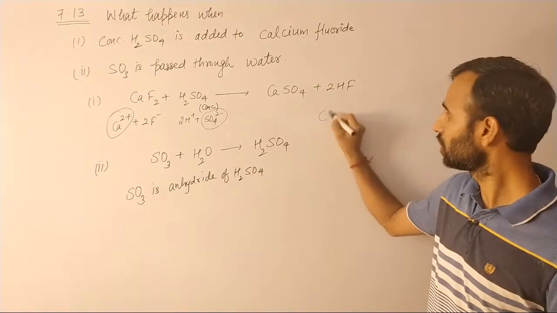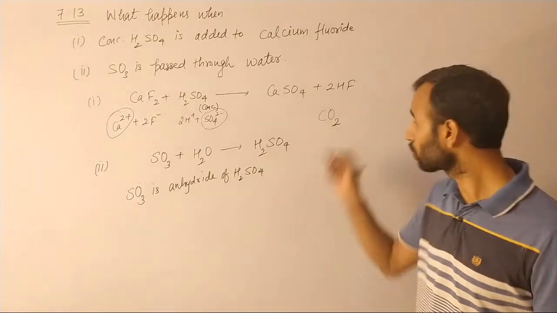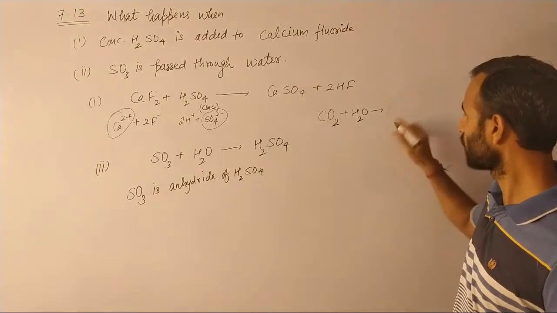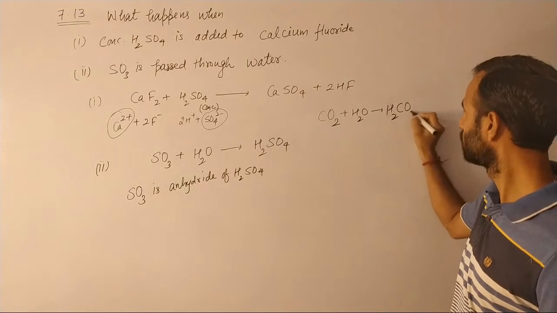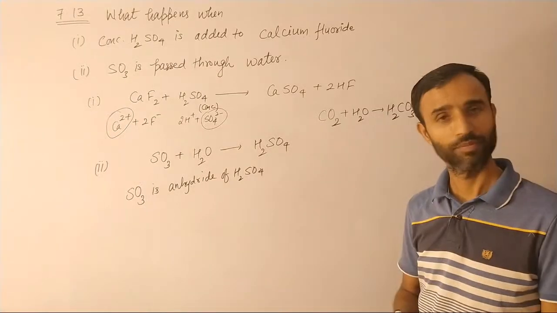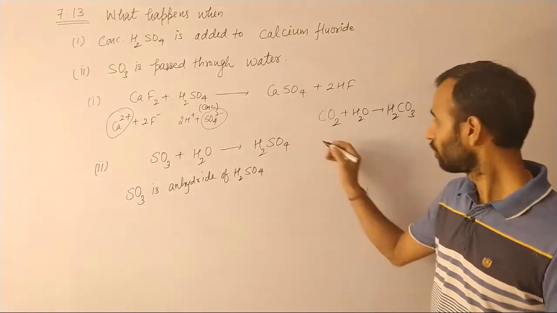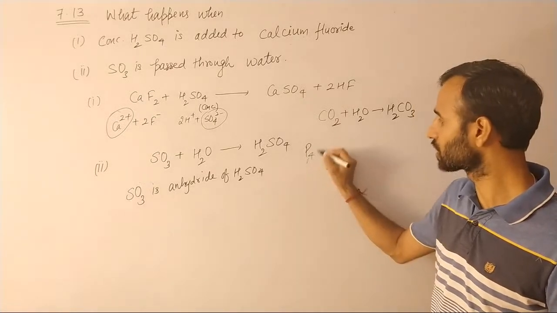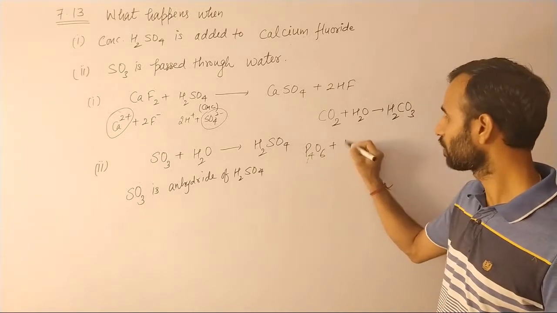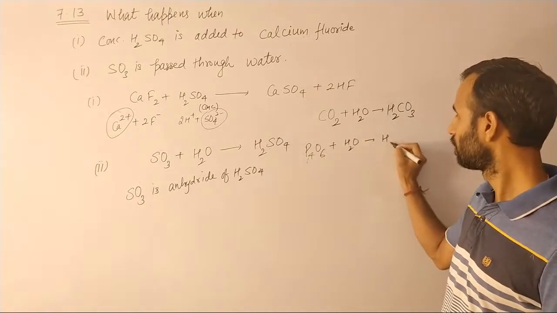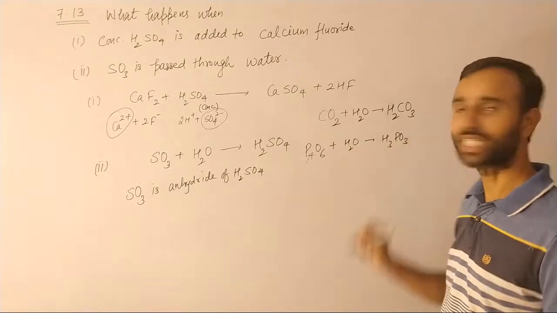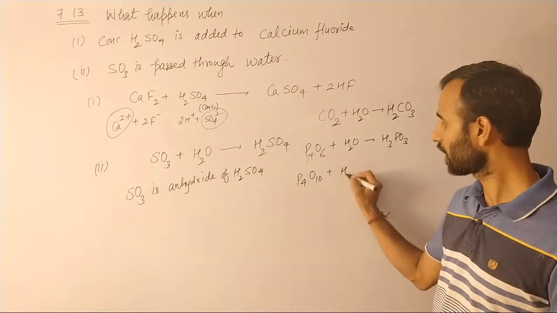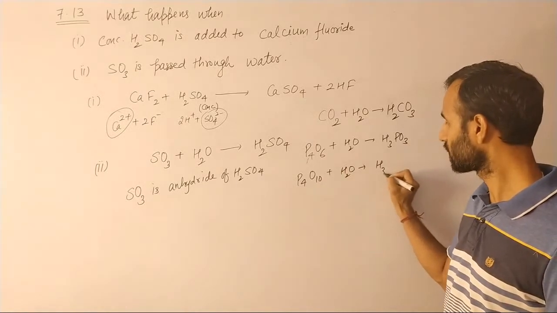Likewise, CO2 is the anhydride of H2CO3, carbonic acid. Same, P2O3, or we can say P4O6, is the anhydride of phosphorus acid. P4O10 is the anhydride of phosphoric acid.